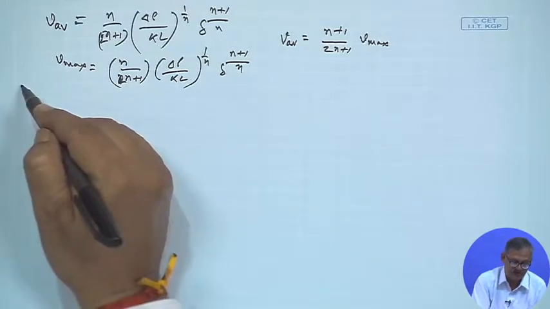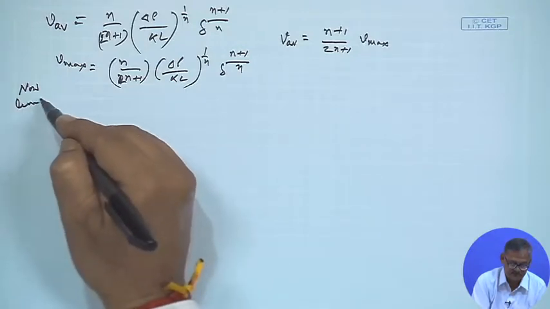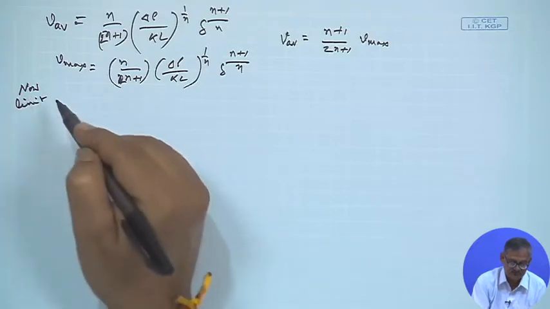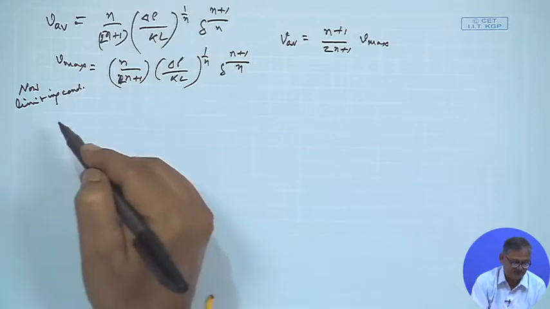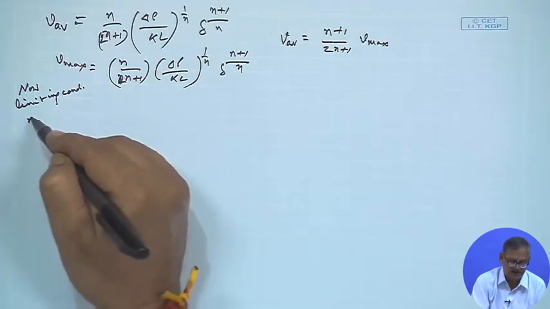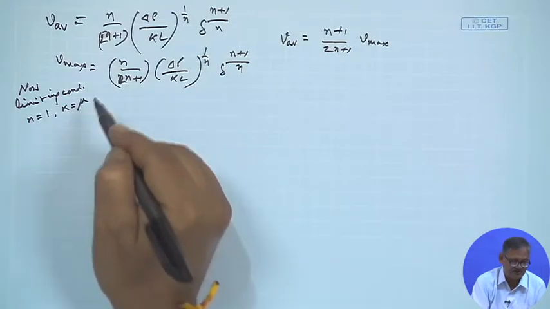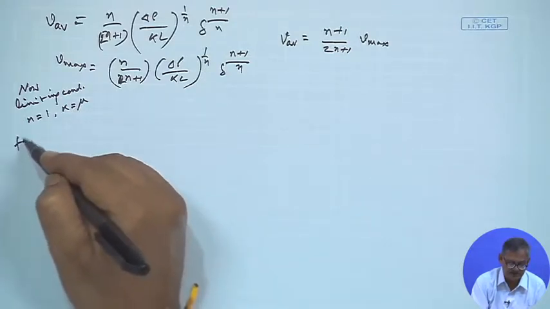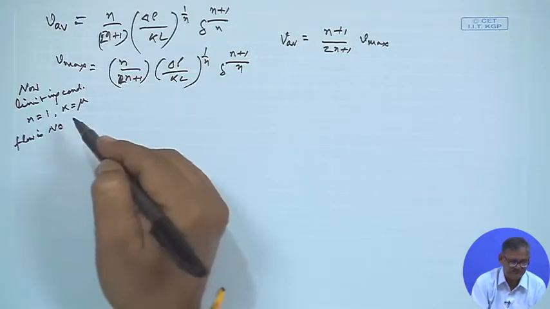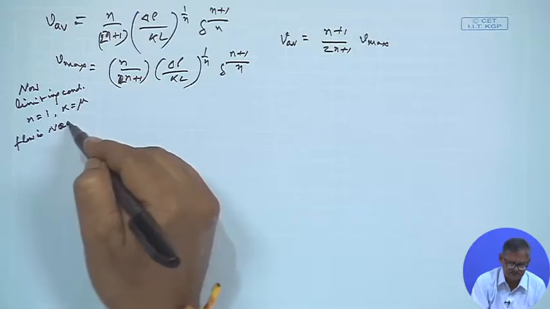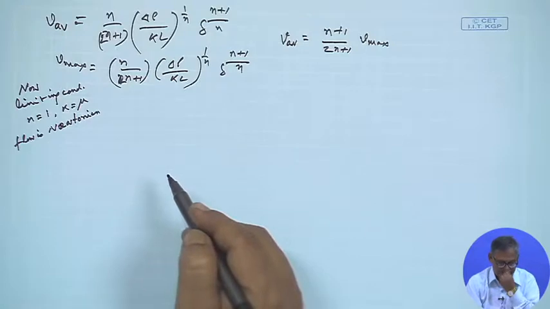if we put now the limiting condition, that is when n is equal to 1 and k is equal to mu, this flow is Newtonian.